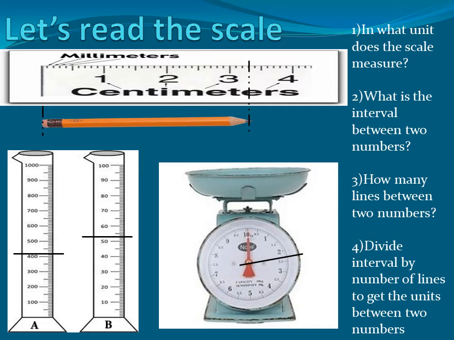Okay, now how then do we determine what units we're going to be adding to 3 to know how much my pencil measures? Divide the interval between our numbers, which is 1, by the number of lines in between two numbers, which is 10. So 1 divided by 10 is what? 1 divided by 10 is 0.1. Remember, when we convert to decimal, we move the decimal point once to the left and it becomes 0.1.